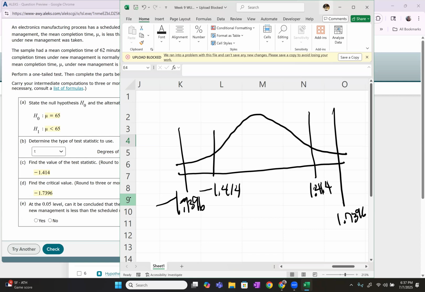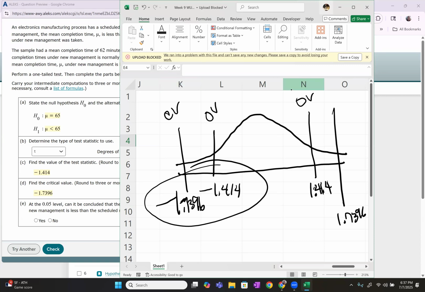Now, because it's less than, we're going to focus over here. This is your observed value. This is your critical value. The rule of thumb is if OV is greater than CV, we're going to reject the null.